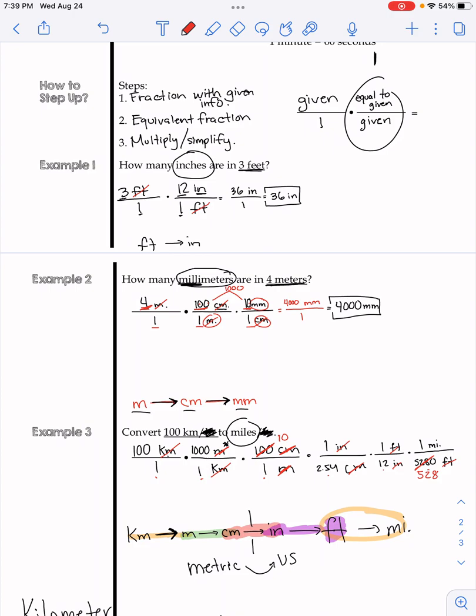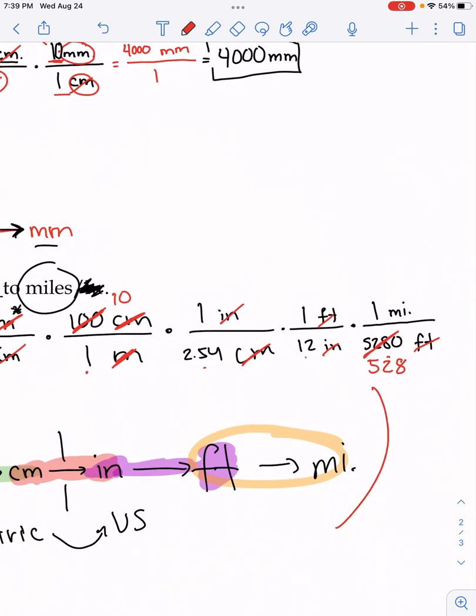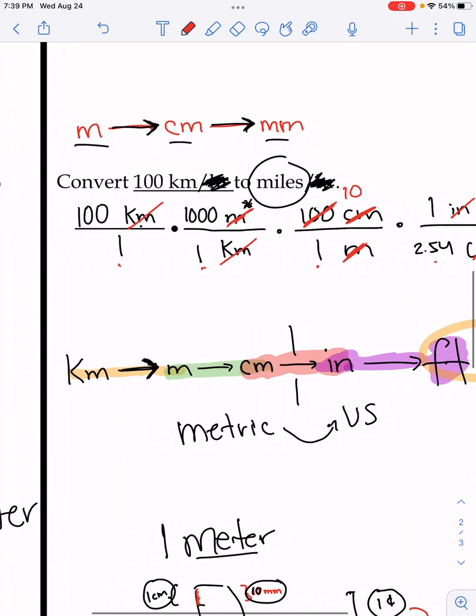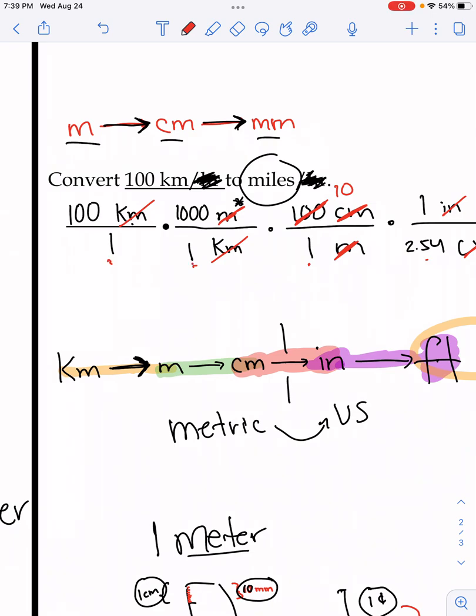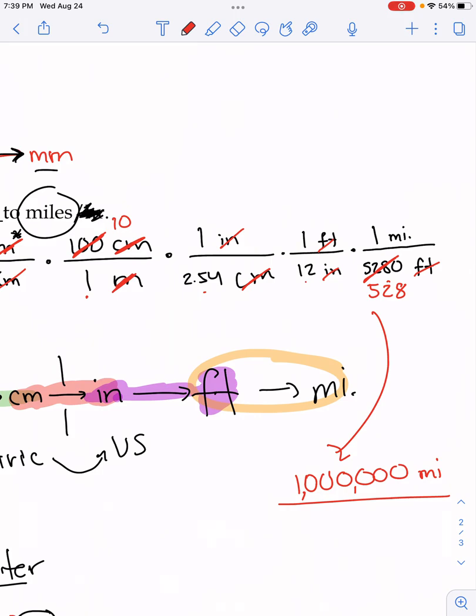If you multiply it out, that is 1 million miles. The denominator, we're going to multiply 1 times 1 times 1, which is nothing really. So we're just going to figure out what is 2.54 times 12 times 528.